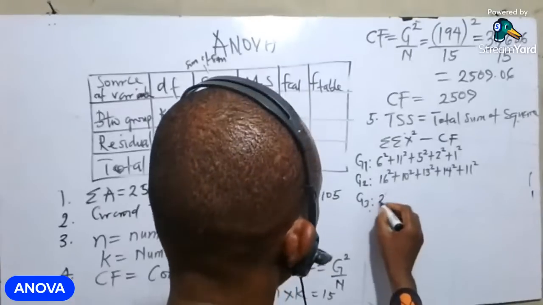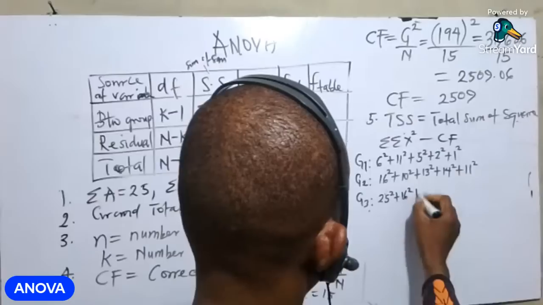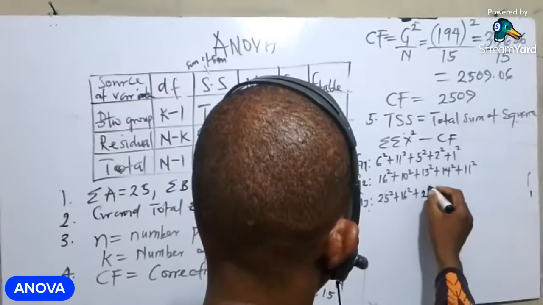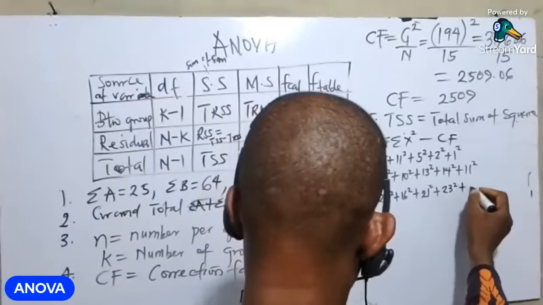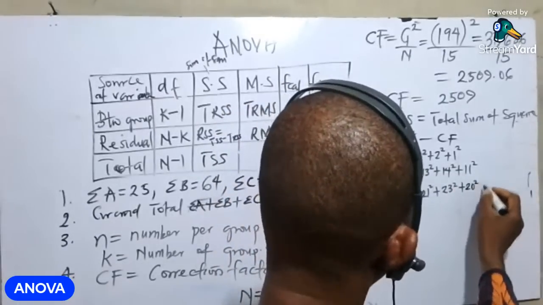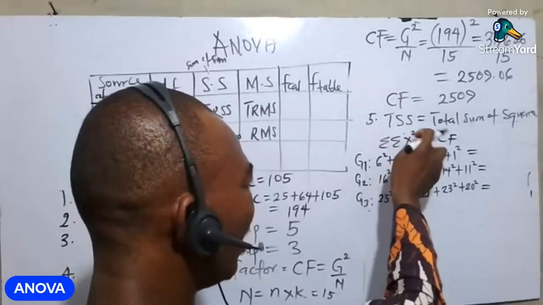Group 3: 25 square plus 16 square plus 21 square plus 23 square plus 20 square. So you square everything and add everything together. That is your summation x square.